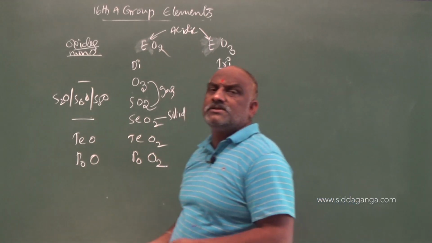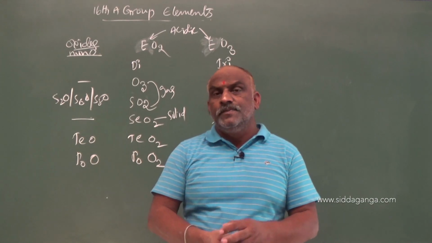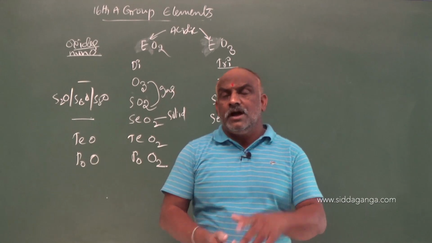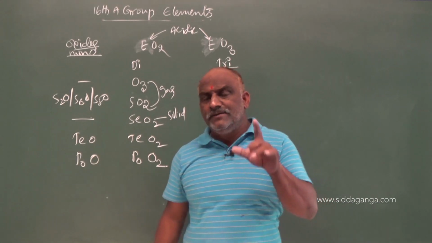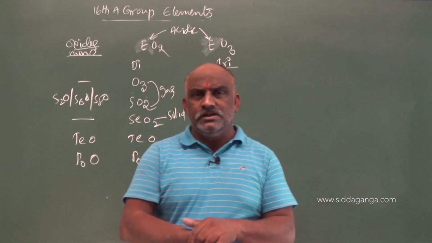Actually, 4 types of oxides are there: acidic oxides, basic oxides, amphoteric oxides, and neutral oxides. In the NCERT textbook there is a separate side heading on this, with 3-4 paragraphs on the right side.